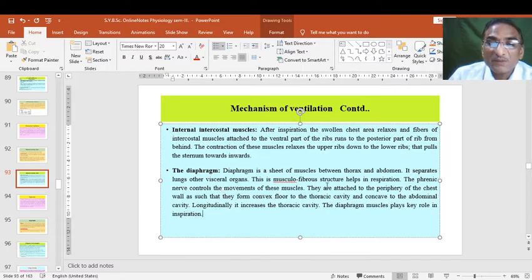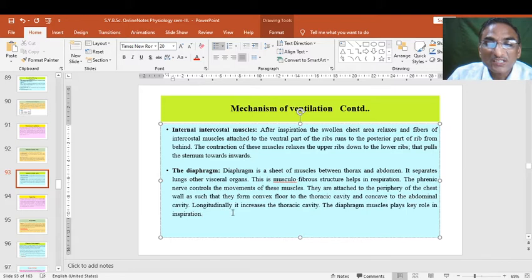The diaphragm is a musculofibrous structure that helps in respiration. The phrenic nerve controls the movements of these muscles, and they are attached to the periphery of the chest wall such that they form a convex floor to the thoracic cavity and concave to the abdominal cavity.